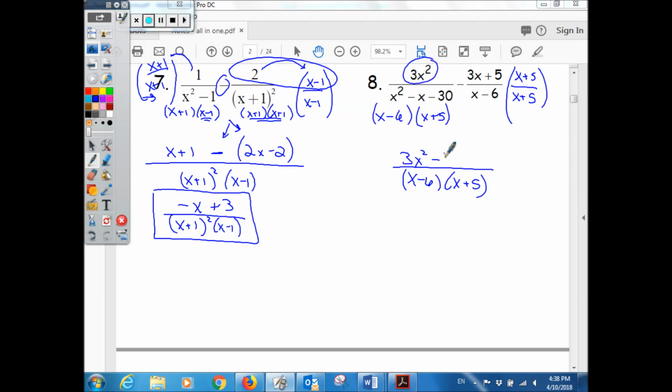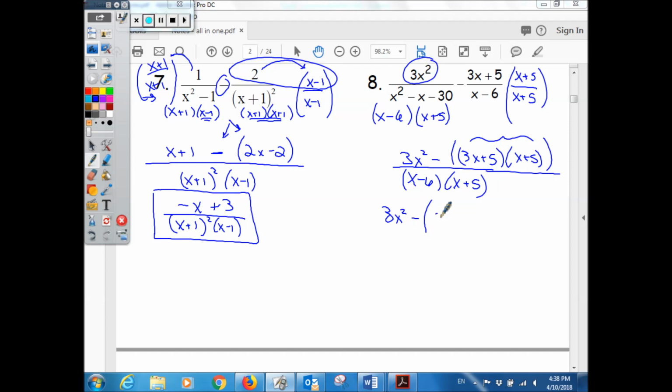Be careful with the minus, make sure you subtract everything. So I'm subtracting 3x plus 5 times x plus 5. The first thing I need to do here is FOIL all this out and get it expanded. I'm still subtracting everything, so I still put it in parentheses.